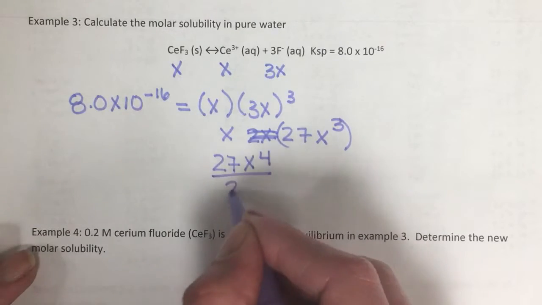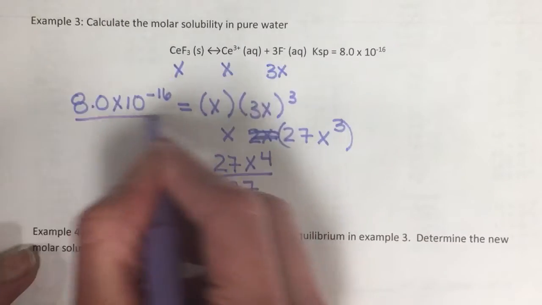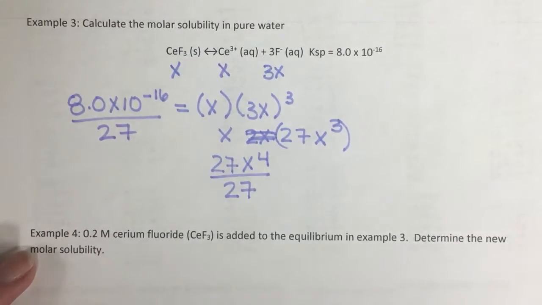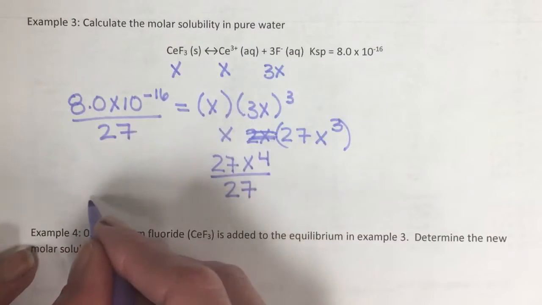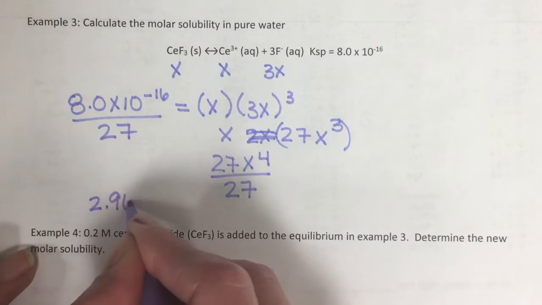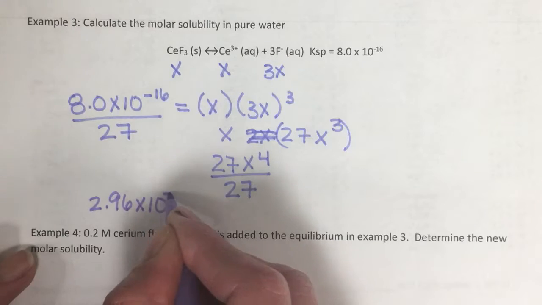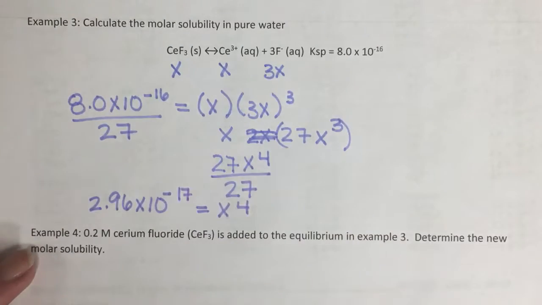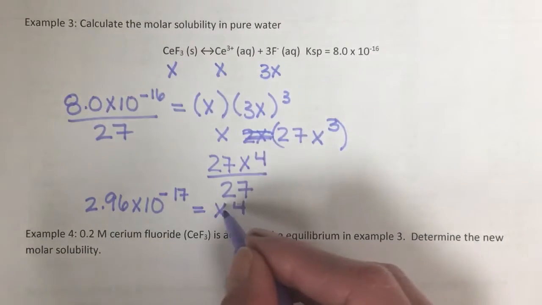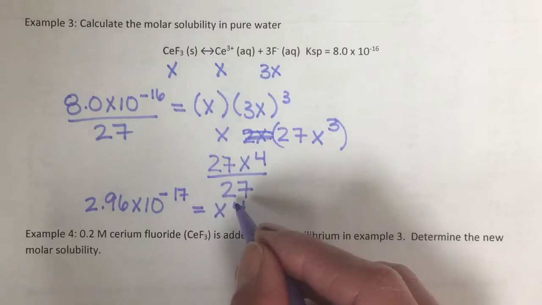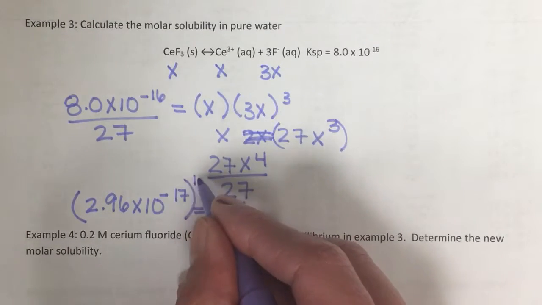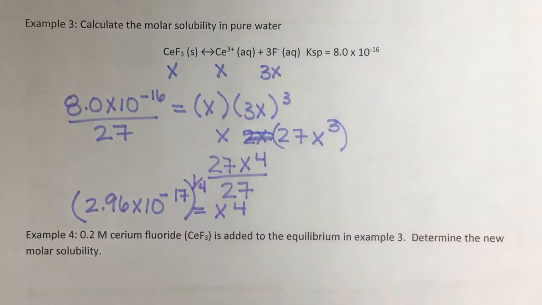Now if I divide both sides by 27, I get 2.96 times 10 to the negative 17th is equal to x to the fourth. Now when I plug this into my calculator, if I want to do the opposite of x to the fourth, I'm going to raise this to the power of 1/4.